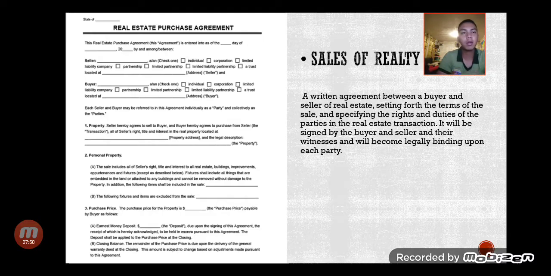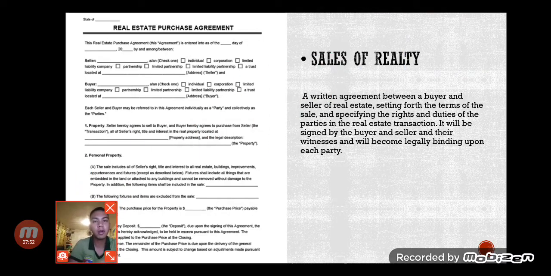So the next one is sales of realty. A written agreement between a buyer and seller of real estate setting forth the terms of the sale and specifying the rights and duties of the parties in the real estate transaction. It will be signed by the buyer and seller and their witness and will become legally binding upon each party.